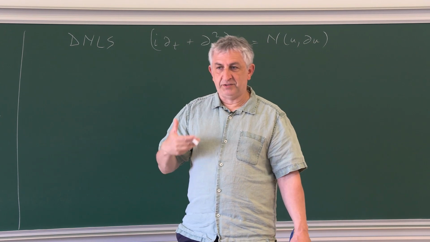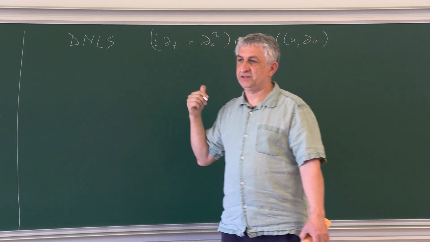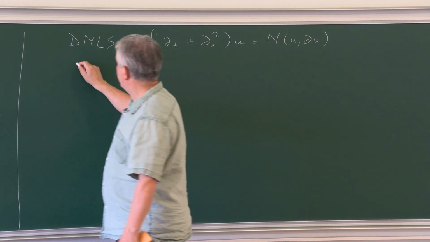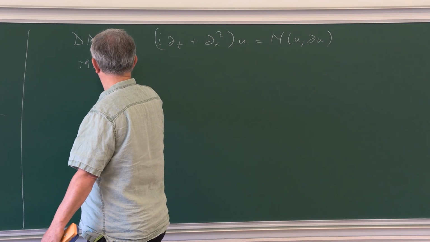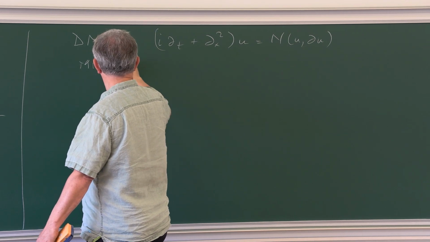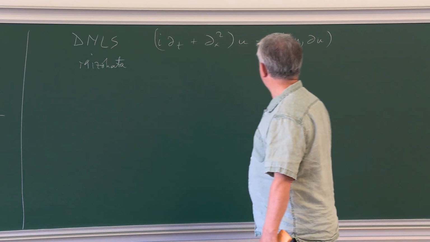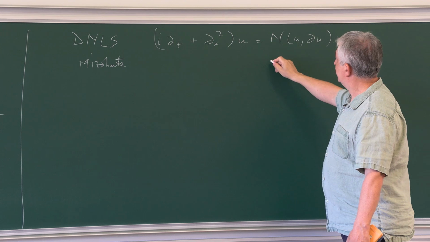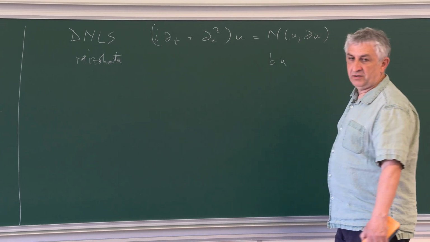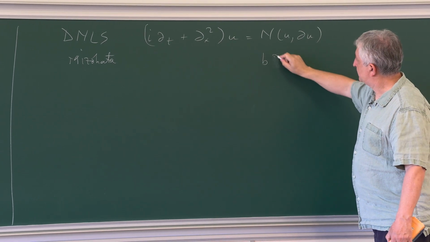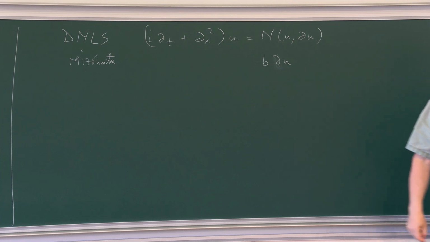And one sort of fundamental step toward understanding this problem came from Mihaela, who looked at an even simpler problem, changed the nonlinearity to just an arbitrary first order term.